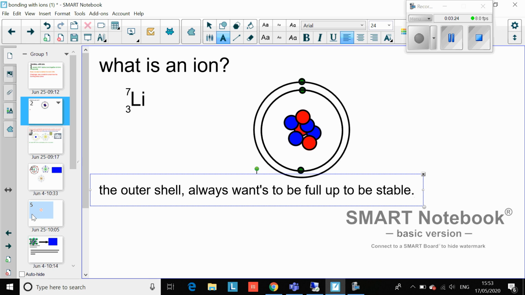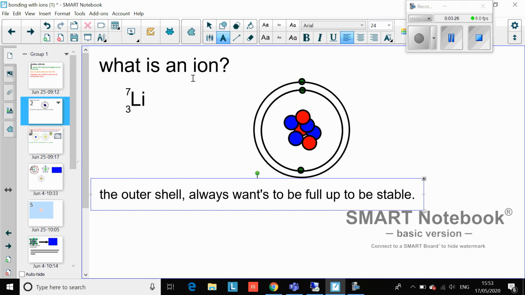Here's the question. How many more electrons could we put in here? For those of you that remember, these can hold up to 8. So we've already got 1, so you'd need to put another 7 in here in order for this to be stable. Is there an easier way that this could get a full outer shell?